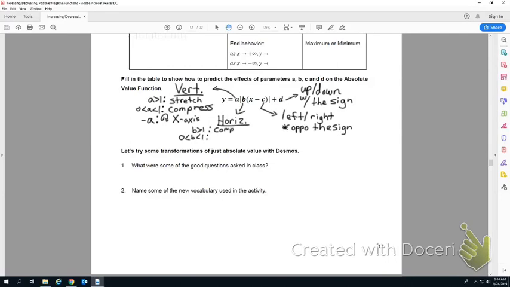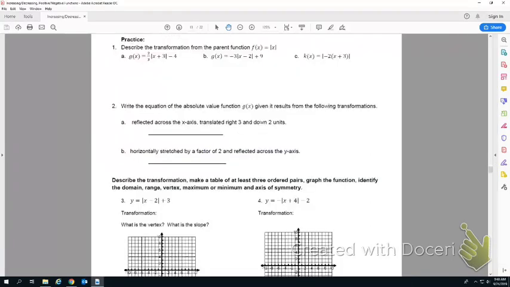Remember, this is the one where you've got to take the reciprocal of the actual number, and you'll use that. Between 0 and 1, that is going to stretch. And if the B value is negative, that's going to reflect across what? Y-axis. Talked to you last class.